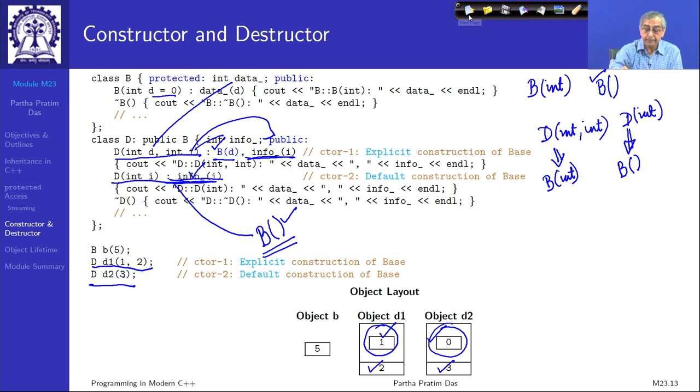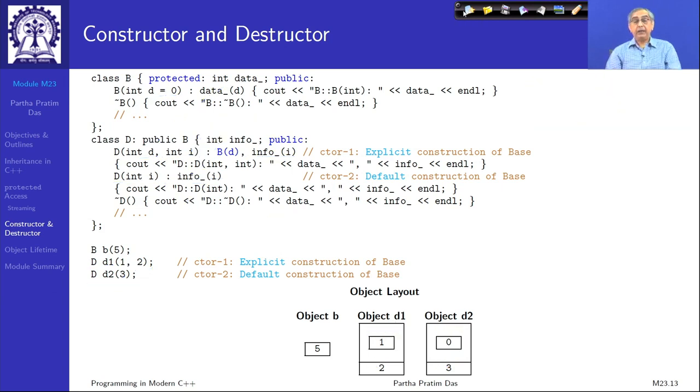This is the basic mechanism that has to happen. In construction, it will always be the constructor of the base class which will be invoked first, and then the rest of the initialization of the data members of the derived class in the order they are listed. Once we have understood these rules well, those will be covered one after the other.